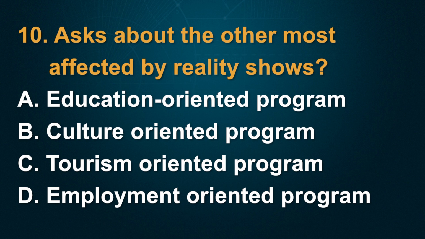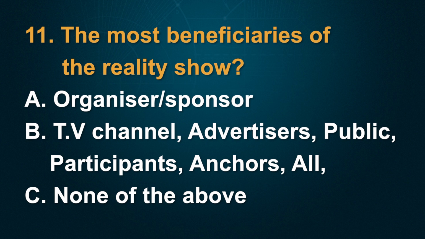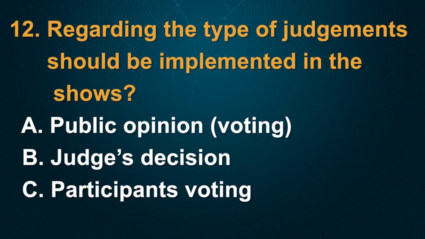The options are education-oriented program, culture-oriented program, tourism-oriented program, and employment-oriented program. The 11th question asks about the most beneficiaries of the reality shows. The options are organizer, sponsorer, TV channel, advertisers, public, participants, anchors, all, and none of the above. The 12th question is regarding the type of judgments that should be implemented in the shows.